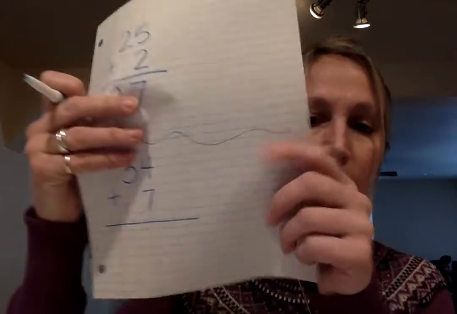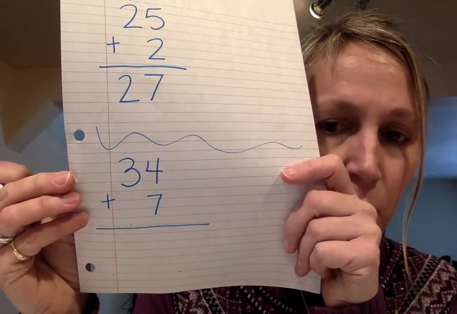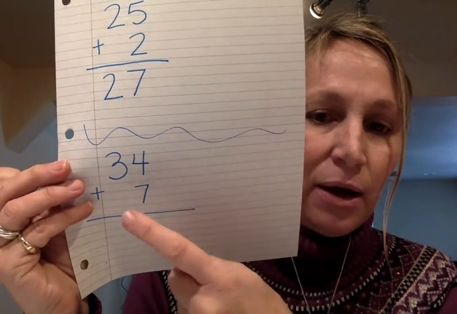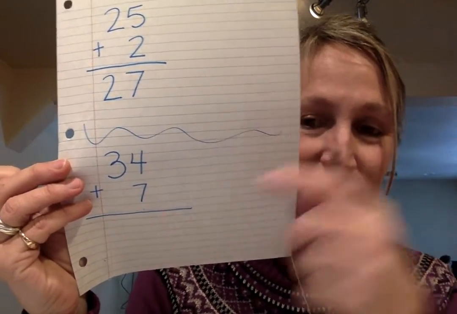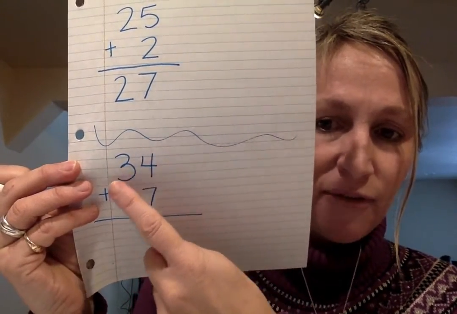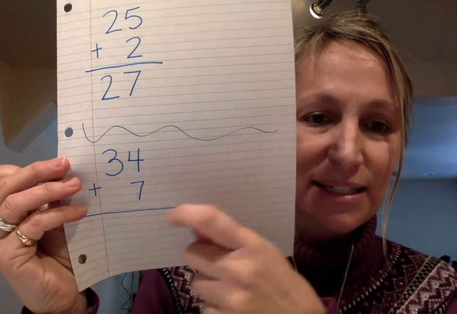Let's do one more example. Let's do 34 plus 7. All right, here's the problem 34 plus 7. You always need to start with the ones column. So we have 4 plus 7.